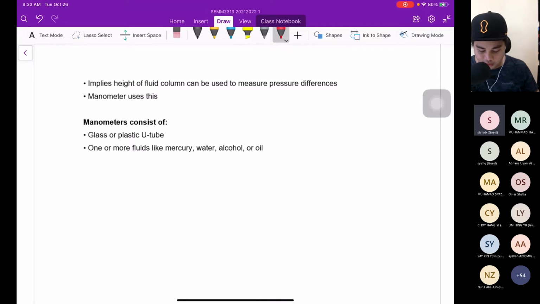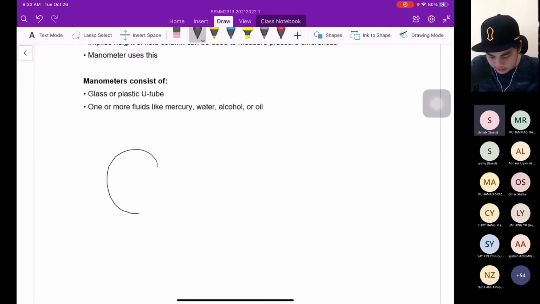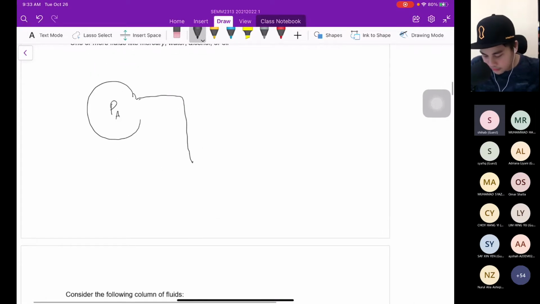One or more fluids like mercury, water, alcohol, or oil can be inside the manometer. This is how it looks like. We have the pressure at A, and then we have the manometer, only the manometer.